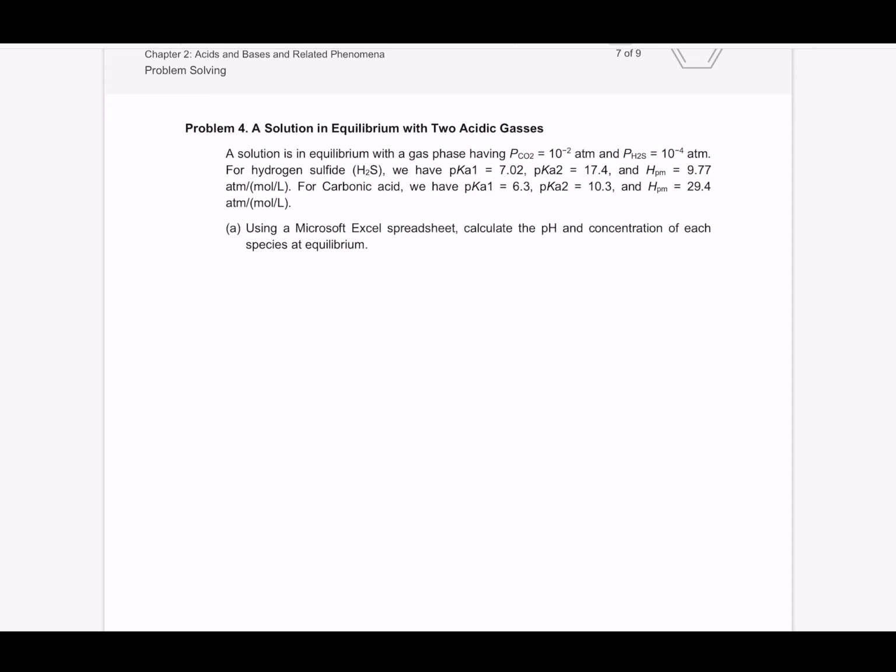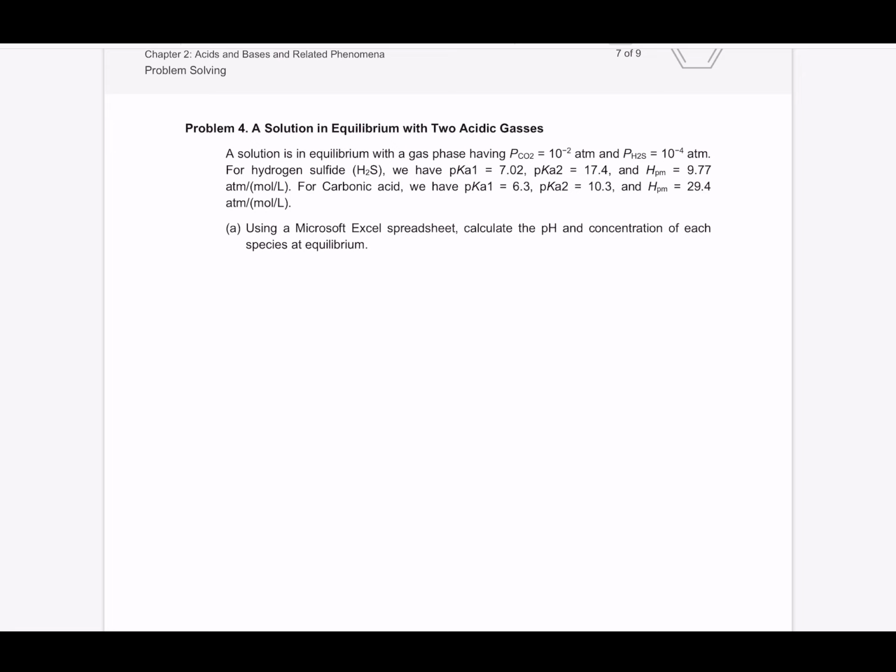So the first part of the question is asking us to use Excel in order to calculate the pH. What would be the pH? The core of using Excel for the previous case was using the alpha term, and the alpha term relies on the total concentration. But here we don't have that total concentration, or it's not constant.